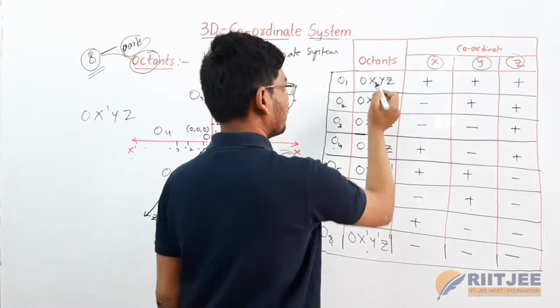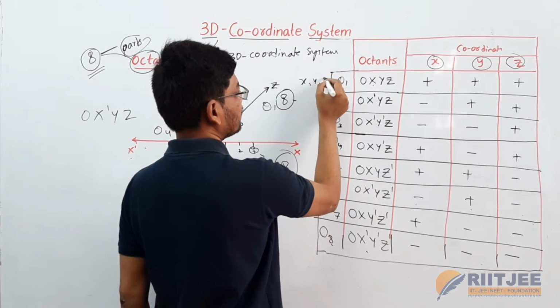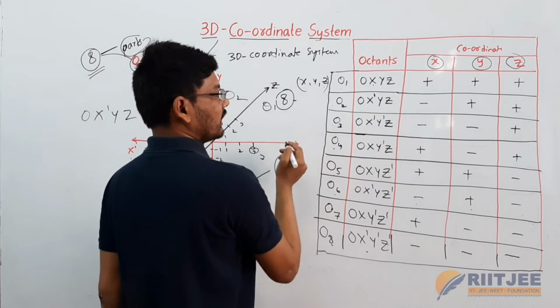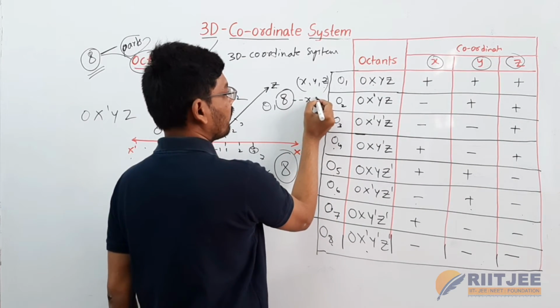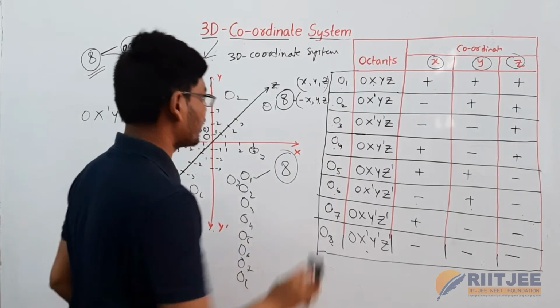Then the point in the first octant, x comma y comma z. The point in a second octant, minus x comma y comma z.